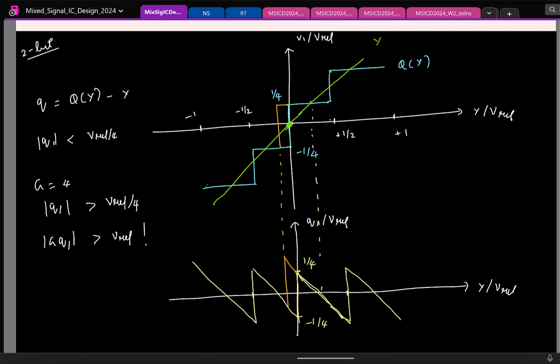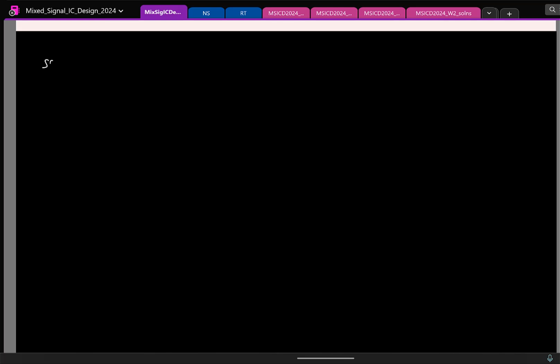So what do you think might be a solution to this? Yeah, of course, one solution is to say that, hey, I'll go and make an excellent ADC so that this is not going to change. But obviously that's not practical. So the solution is, as he suggested, instead of having a gain of 4, we can try to use a smaller gain.